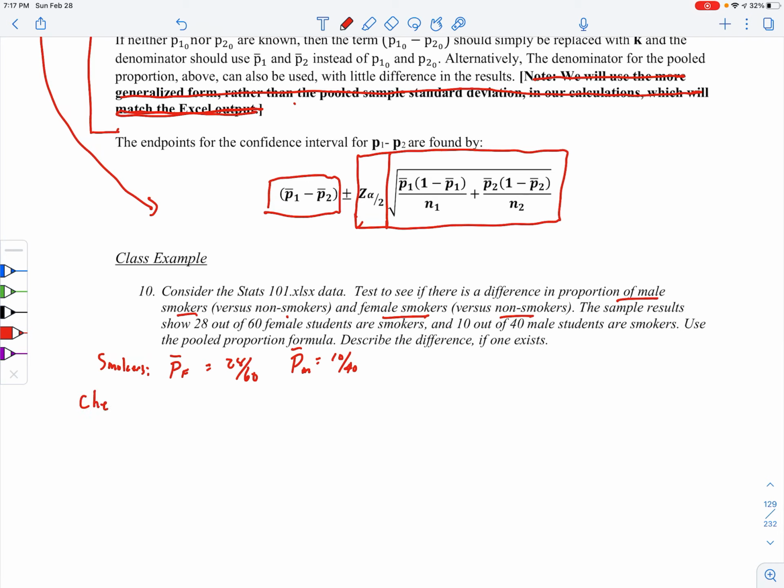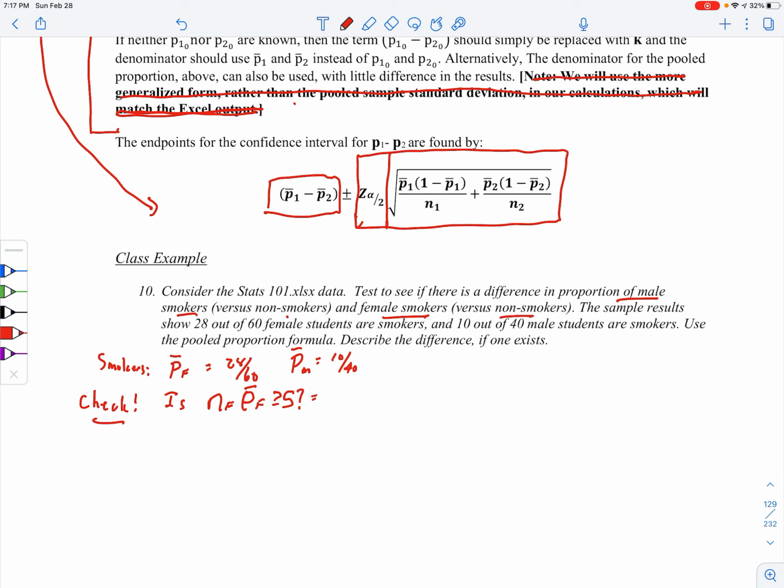First of all, we're going to do a quick check here. And that check is, we're going to ask the question here, is the N for the females times the P naught... Actually, we're going to use the P bar because we don't have that. The P naught, is that at least 5?